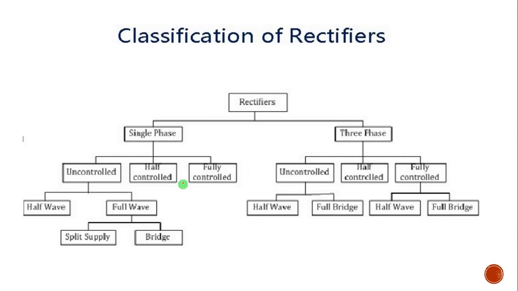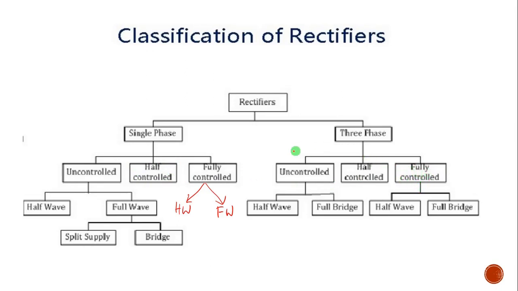Uncontrolled and fully controlled rectifiers are again classified into half wave rectifiers and full wave rectifiers, and finally full wave rectifiers are classified into bridge rectifiers and center tapped or split supply rectifiers.